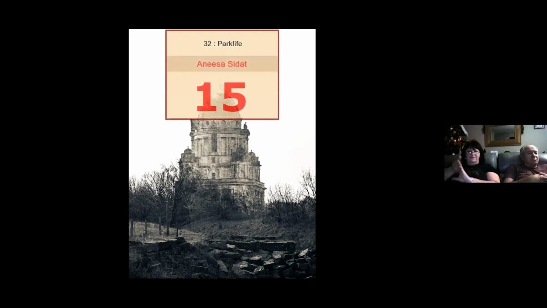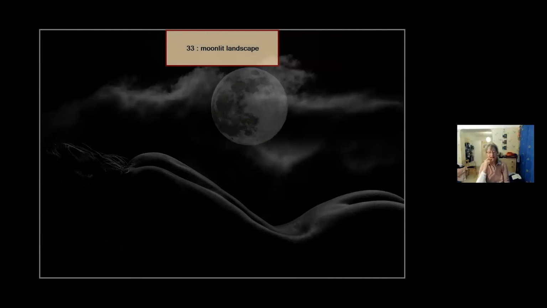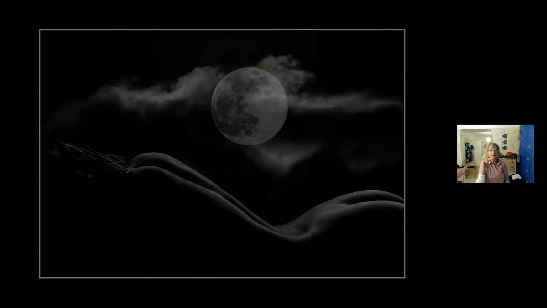Anissa Sadat. Somebody's being clever here and had a good idea. I do like the shape of the body, a very beautiful sort of curve to the back, and putting the moon there, the moon could almost drop down into that hollow and sit there. I liked the wispy clouds in the background, and I think it was a good idea to create a white line around the outside of it.